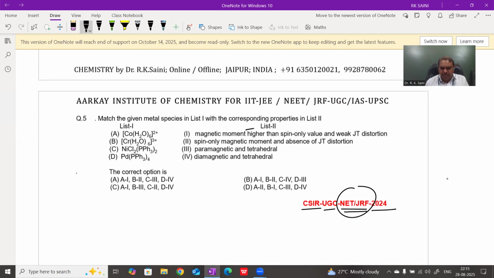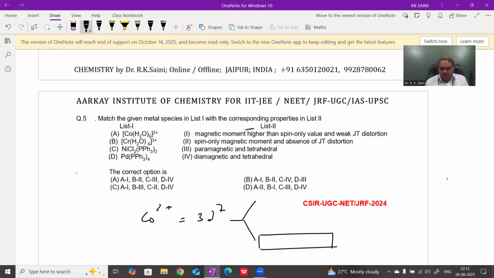For example, in the first compound, the oxidation state of cobalt is +2, and cobalt +2 has 7 electrons in the d orbital. This complex is octahedral. Therefore, there are 2 energy levels in octahedral complexes, namely T2g and Eg. The ligand is weak. Therefore, these electrons are 5 electrons in T2g and 2 electrons in Eg.